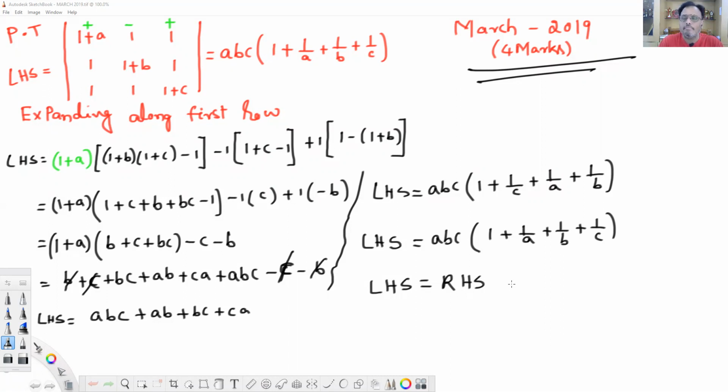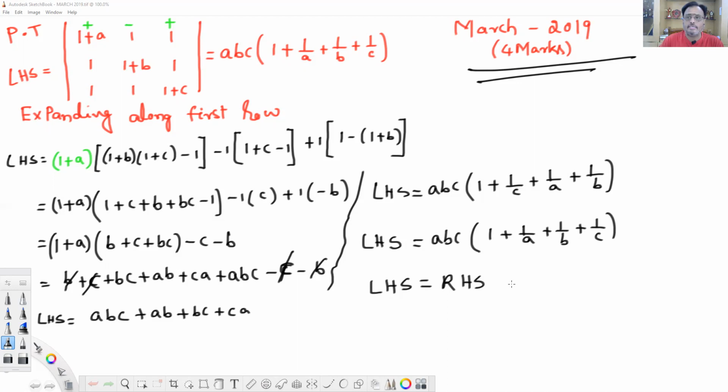One I am teaching you right now, and the other method you can directly see from your textbook. The method which I am solving is the first method. If you want the solution for the other method, you can just refer to the textbook.